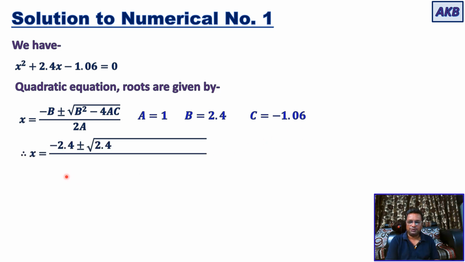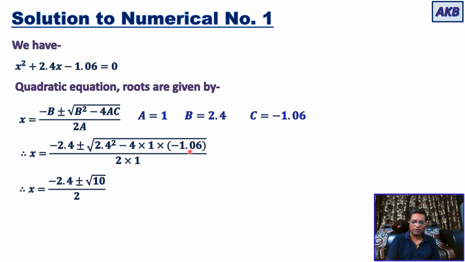So if you put those values in this equation, you get x is equal to minus 2.4 plus minus under root of 2.4 square minus 4 into 1 into minus 1.06 divided by 2 into 1. If you simplify it and solve the equation under the square root, you'll be getting it as 10. So you have minus 2.4 plus minus under root of 10 divided by 2. That is, x is minus 2.4 plus minus 3.16 divided by 2.